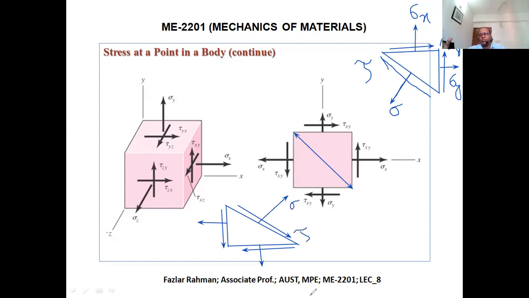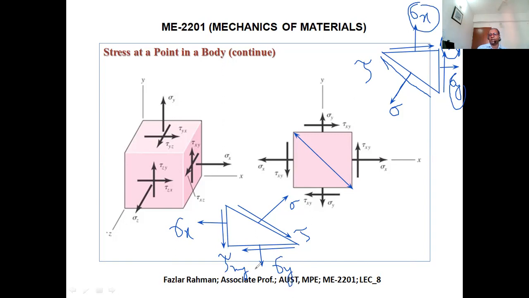Then what happened? You close them together. Then this sigma, sigma will be out, tau, tau will be out. That means you're getting the actual figure. Now, this sigma x, tau xy, and sigma y, right over here, this will be sigma x, downward direction, this will be sigma y, this will be tau xy.